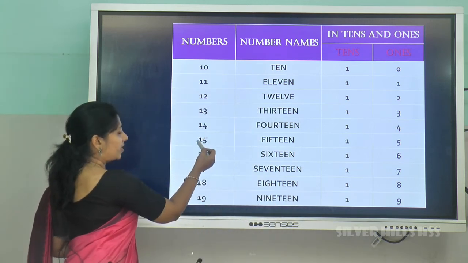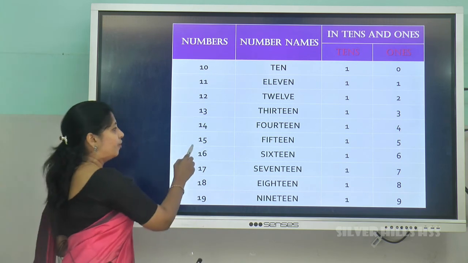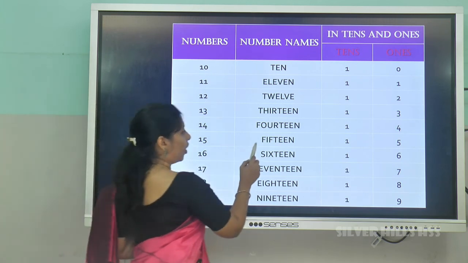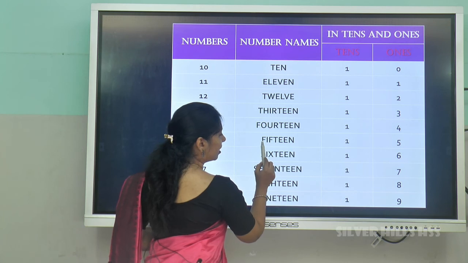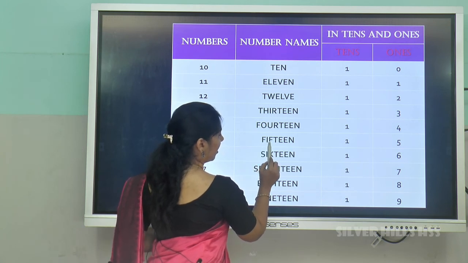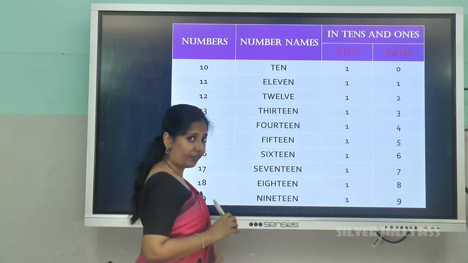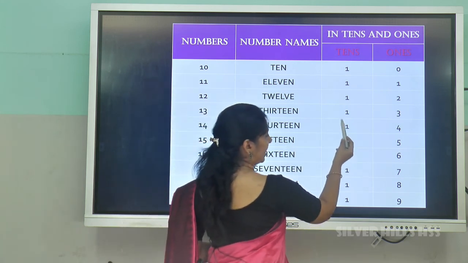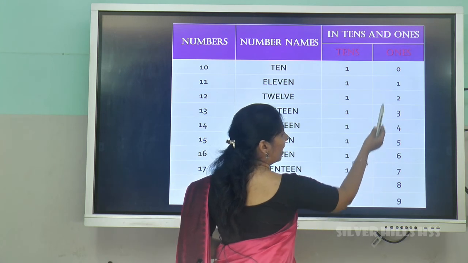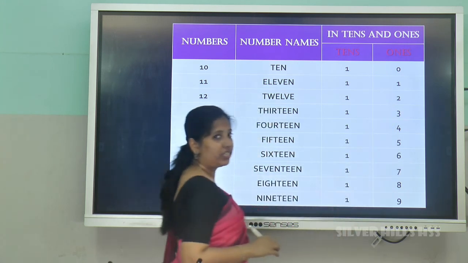The next number after 14 is 15. And how will we spell it? F-I-F-T-E-E-N. 15. In tens place we will write 1 and in ones place we will write 5.